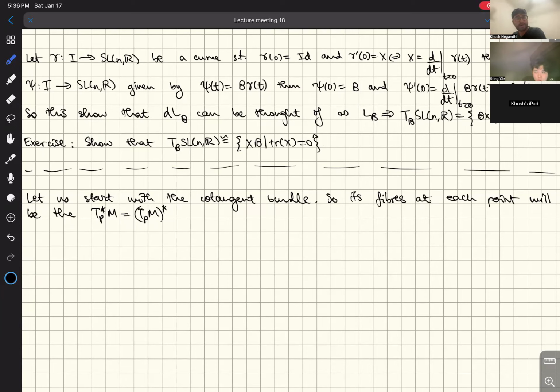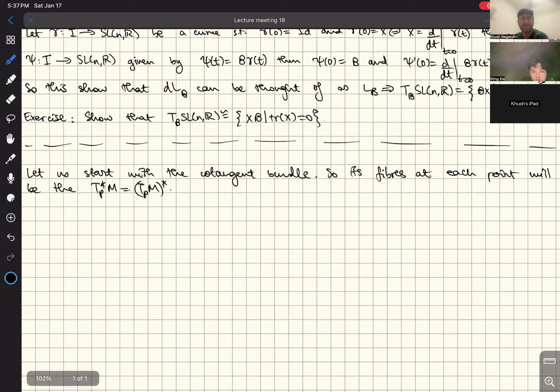So now we're doing a similar sort of construction. Before we construct this, the first question is, why would someone care about this? Right? Why does anyone even care? And the idea is simple.